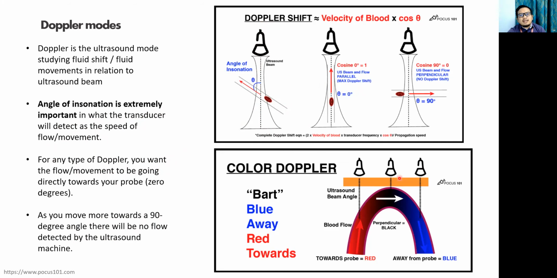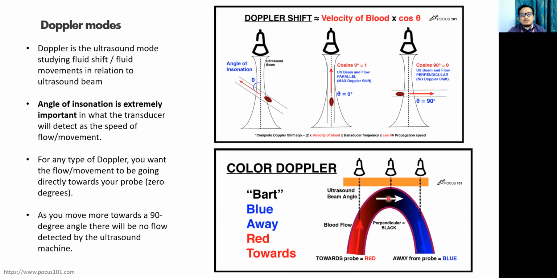Maybe you can remember that you can see some vessel, but when you put on the color, there is no color. When the flow is going towards the probe, it will show as a red color. When the flow is going away from the probe, it will show a blue color.